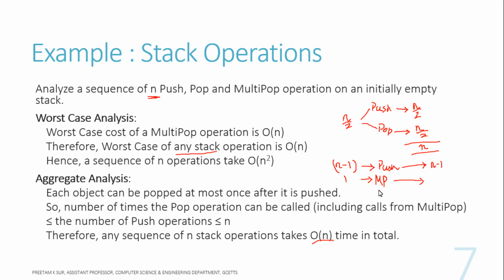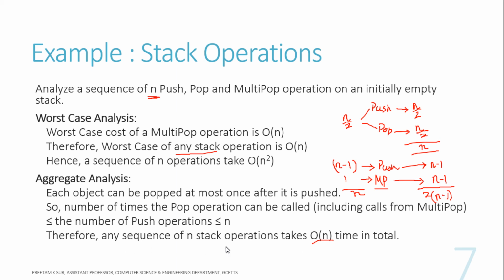So in the last operation, the multi-pop operation is going to execute the loop n minus 1 times, right? So it will take n minus 1 time for execution. So the total time taken by these n operations is going to be 2 into n minus 1, right? Which is again order of n.